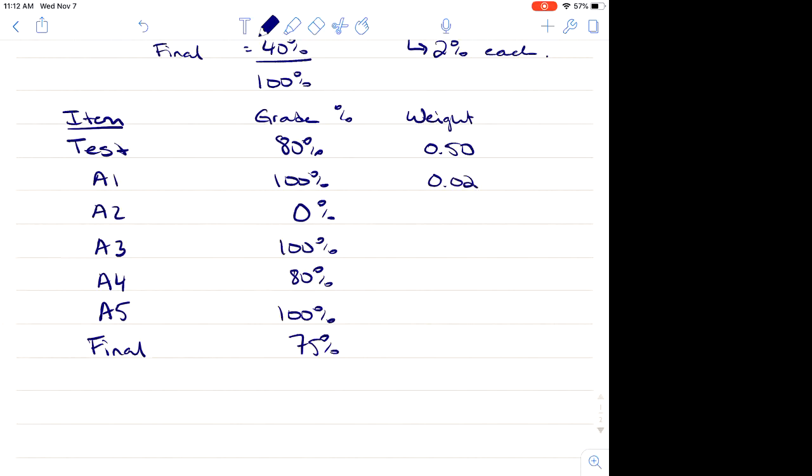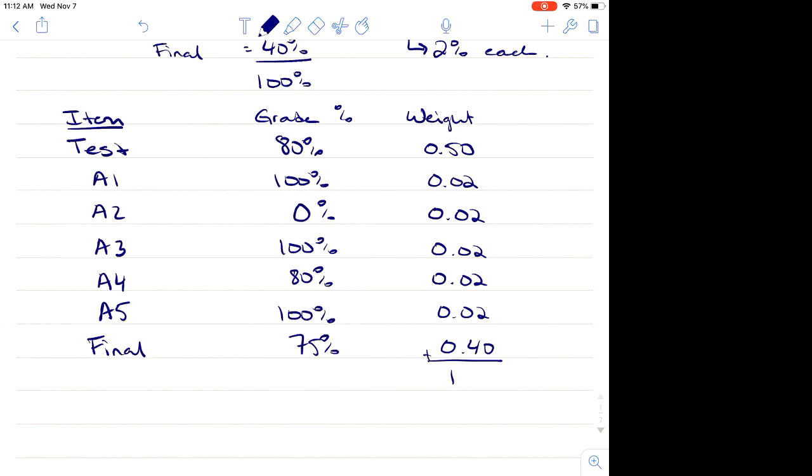Right, 2%, 0.02, 0.02, 0.02, 0.02, and 0.40. This has to total 1. Right. And this is how you're gonna figure out, okay, well, what do I need to get on the final to get a certain grade, right? So you can play around with that final exam grade, okay?